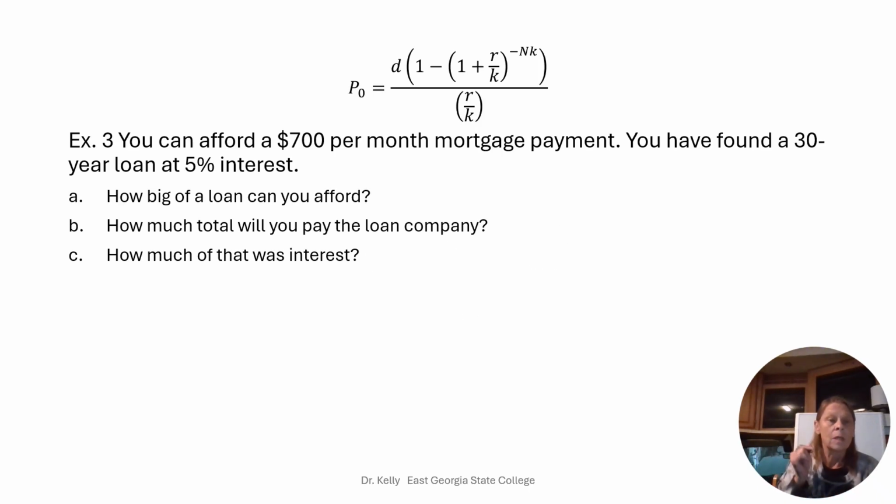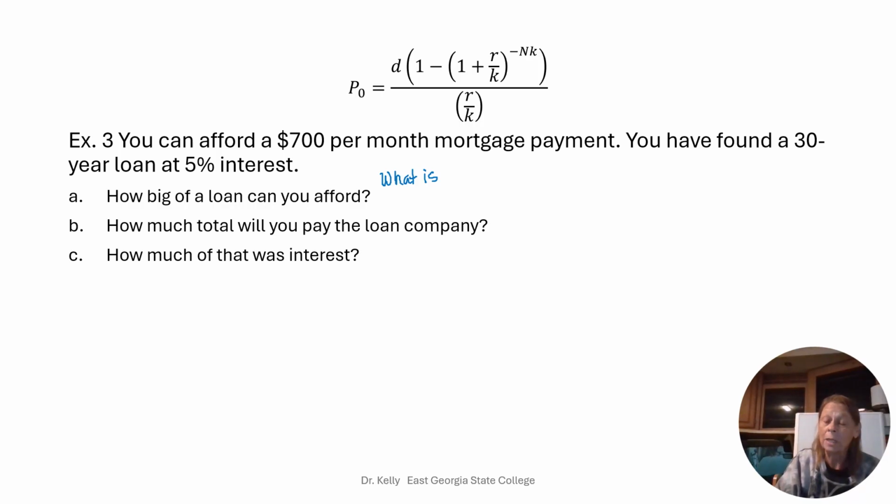Okay. You can afford $700 a month mortgage payment, and you found a 30-year loan at 5% interest. And here's 3 questions I'm going to ask you about it. First, I want to know, how big of a loan can you afford? When I ask how big of a loan can you afford, which variable do I want to know?